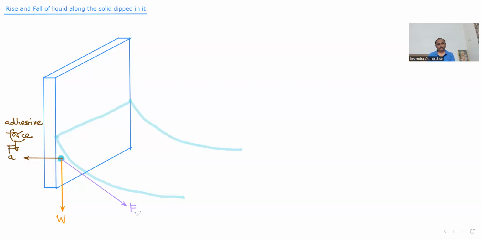This is force of cohesion or cohesive force, and this is between the molecules of water. Now, we will draw a tangential plane to the liquid surface. Please pay attention to what I am trying to do. I am drawing the tangential plane to the liquid surface. This is the tangential plane drawn to the liquid surface.